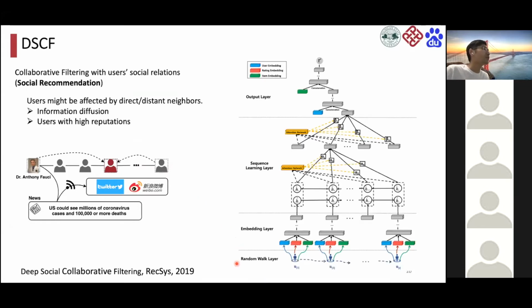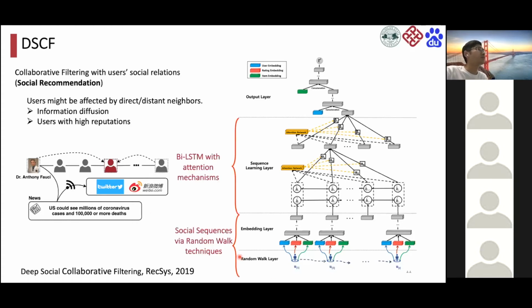In social network scenarios, both direct and distant neighbors can help capture the user's preferences, especially when we consider the information diffusion process, as well as the existence of users with high reputations among the social neighbors. So in this slide, we introduce a typical social recommendation model called DSCF, short for Deep Social Collaborative Filtering, which was proposed in SIGIR 2019.